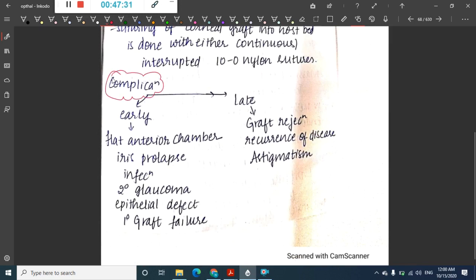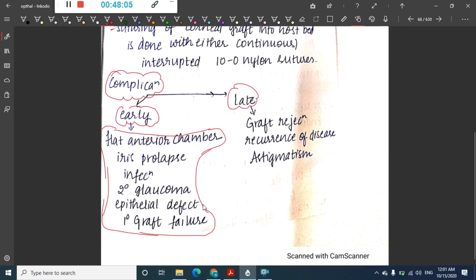We don't need to know the details, but what is important next is the complications of corneal transplantation. We have early complications and late complications. Early complications include flat anterior chamber, iris prolapse, infection, secondary glaucoma, epithelial defects, and primary graft failure.